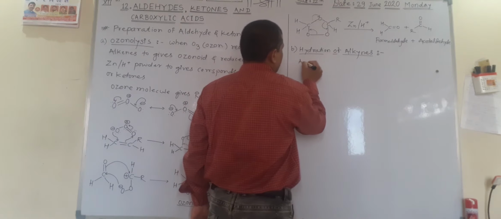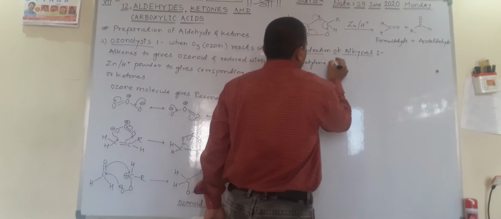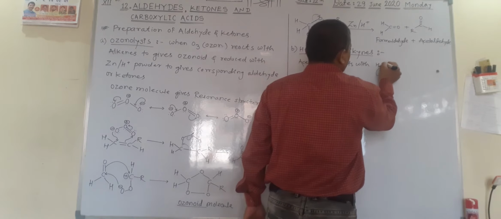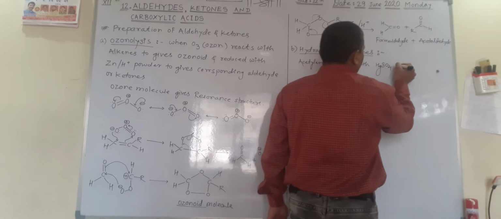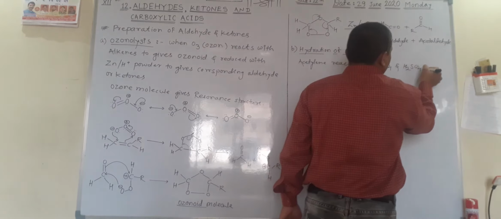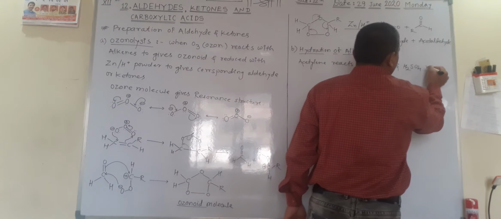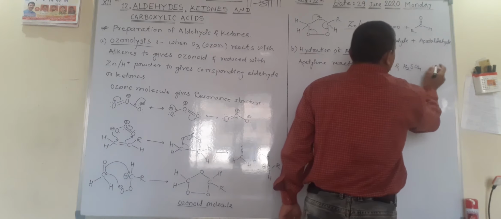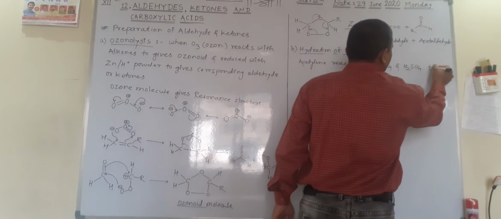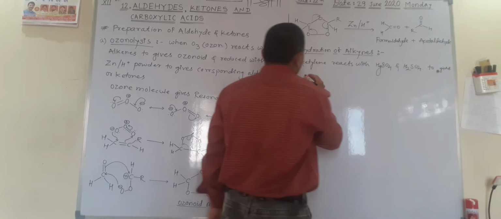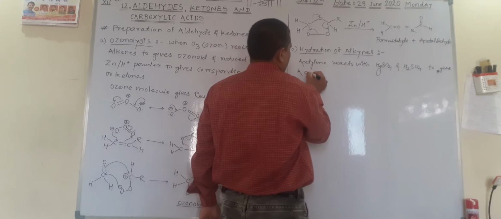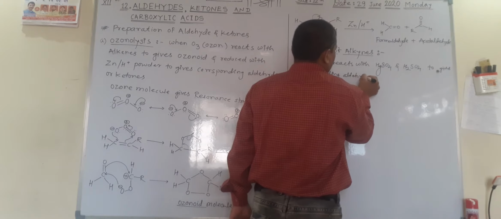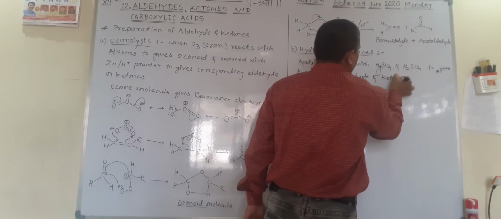Here acetylene reacts with HgSO4 and H2SO4 reactants to give the corresponding aldehydes and ketones.